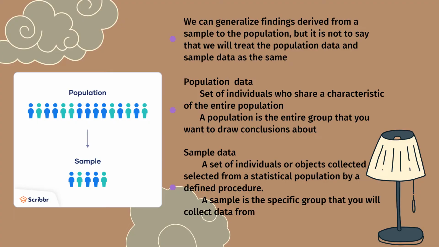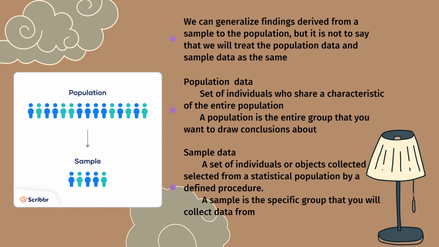So we can generalize findings derived from a sample to the population, but that is not to say that we will treat the population data and sample data as the same. The population data is a set of individuals who share the characteristics of the entire population.